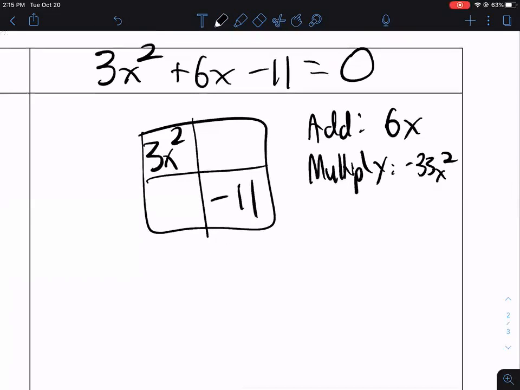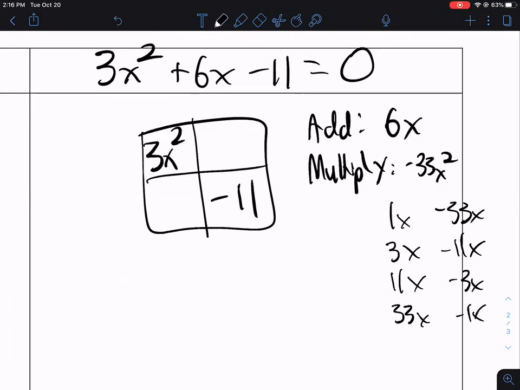Okay, so what are the ways to multiply to negative 33? 1 and negative 33. 2 doesn't go into it. 3 times negative 11. Then nothing else works until 11 and negative 3, and then 33 and negative 1. Right, so these are the only ways to multiply to negative 33, but none of them add to 6.